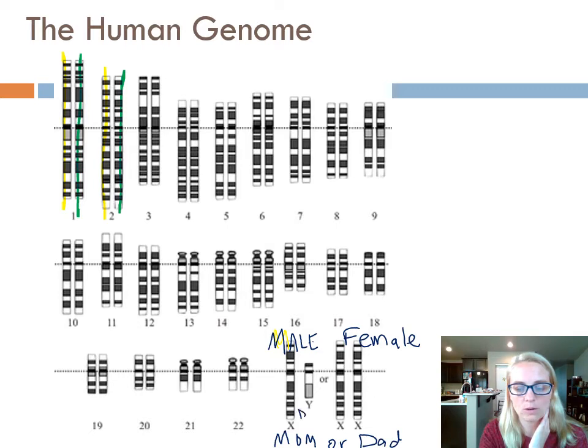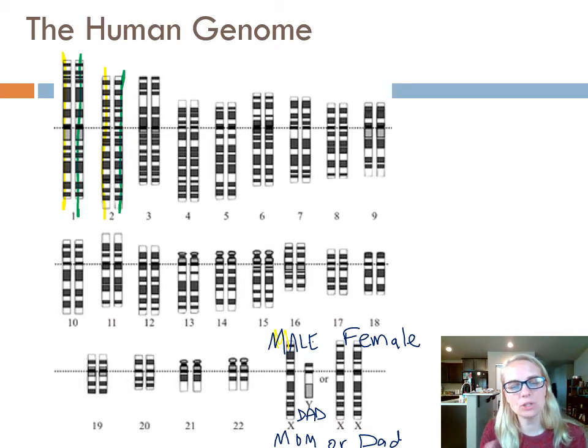The Y can only come from dad. So it's really the sex of the baby that is determined by the dad's sperm. About half of all of the sperm will be carrying X's and about half will be carrying Y's. All of mom's eggs will be carrying X's. So depending on whatever combination comes together, that gives you the sex of the baby. So that's our human genome.